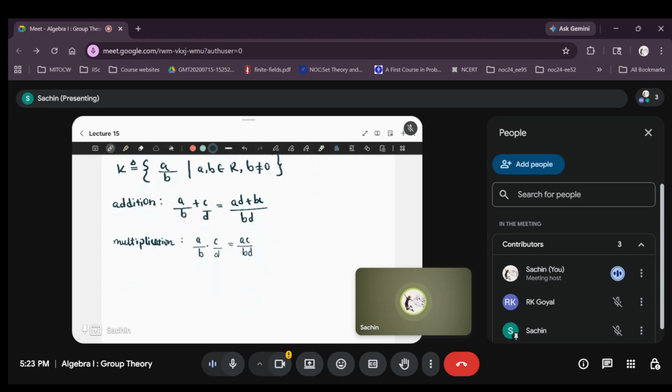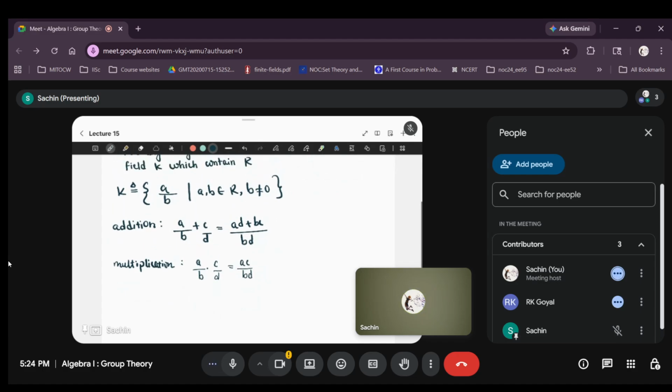Can you take a guess? Just with these definitions I have given here.